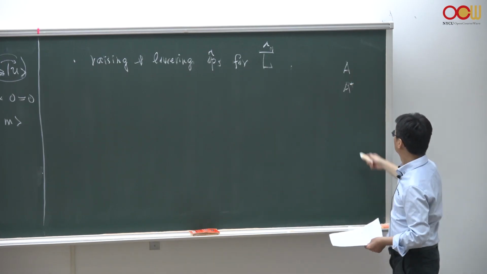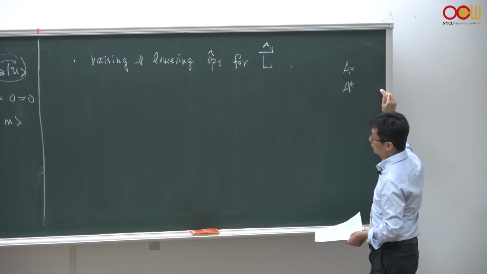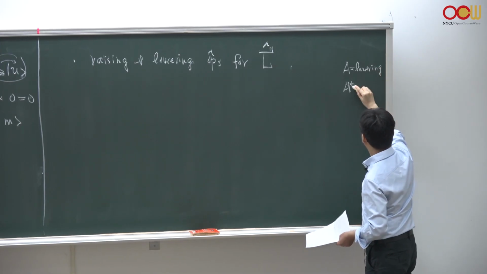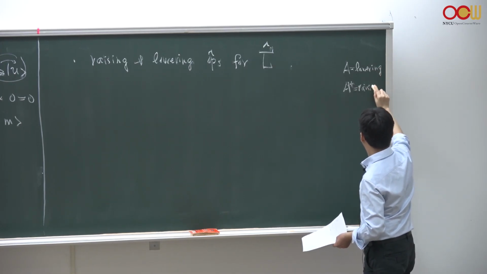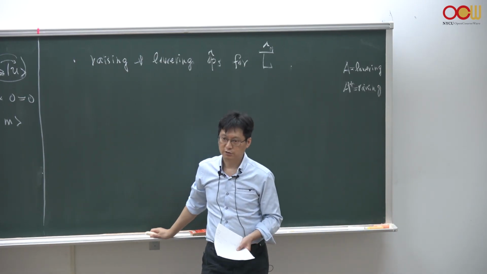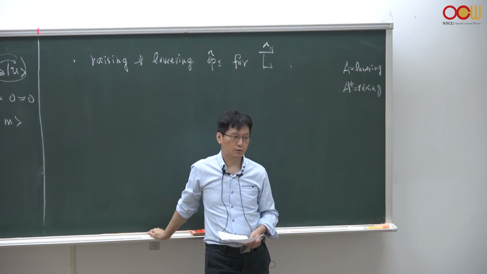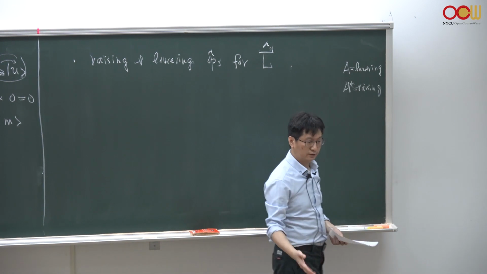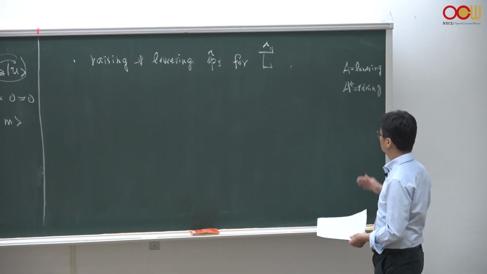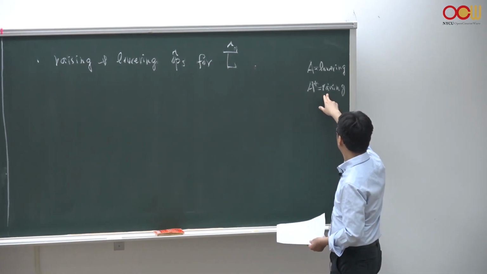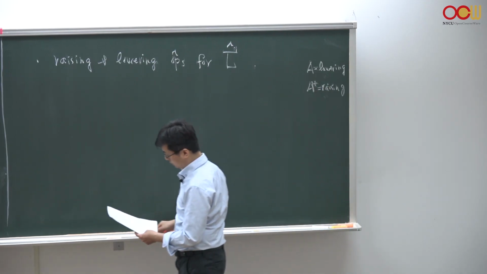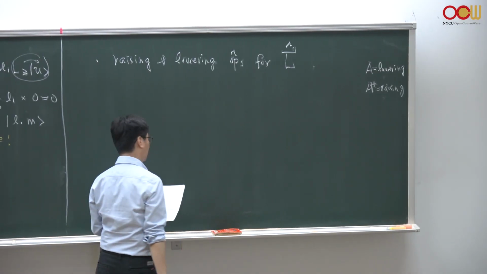The A operator is what we call the lowering operator, and A dagger is what we call the raising operator, because the lowering operator takes us downstairs by 1 floor, and the raising operator is the elevator that takes us to the floor 1 floor above us. So it is raising by A dagger and lowering by A.